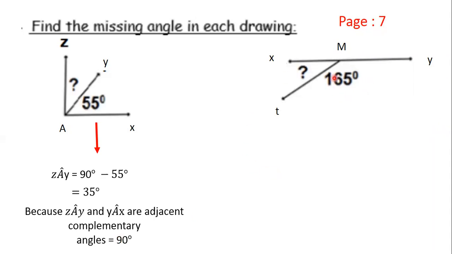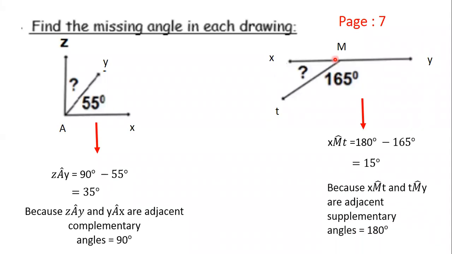The next one, I want to find XMT. XMT is equal to 180 degrees minus 165, which is equal to 15 degrees. Why? I have to say the reason. Because XMT and TMY are adjacent supplementary angles.